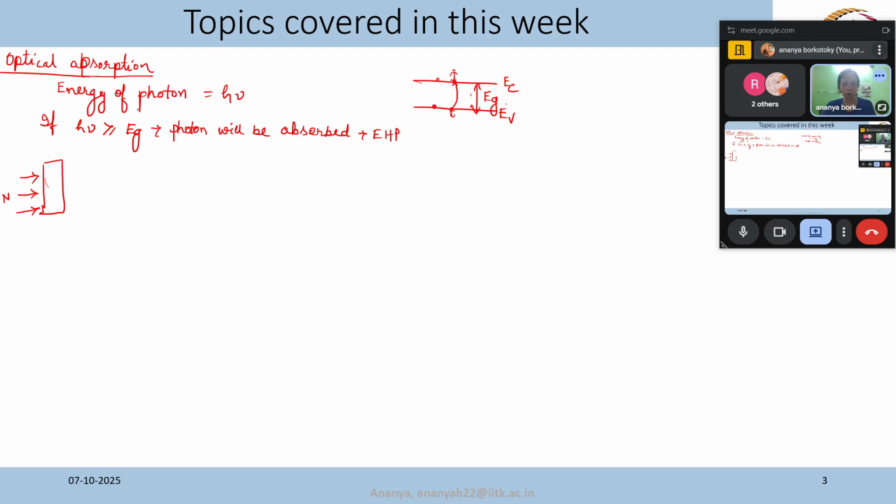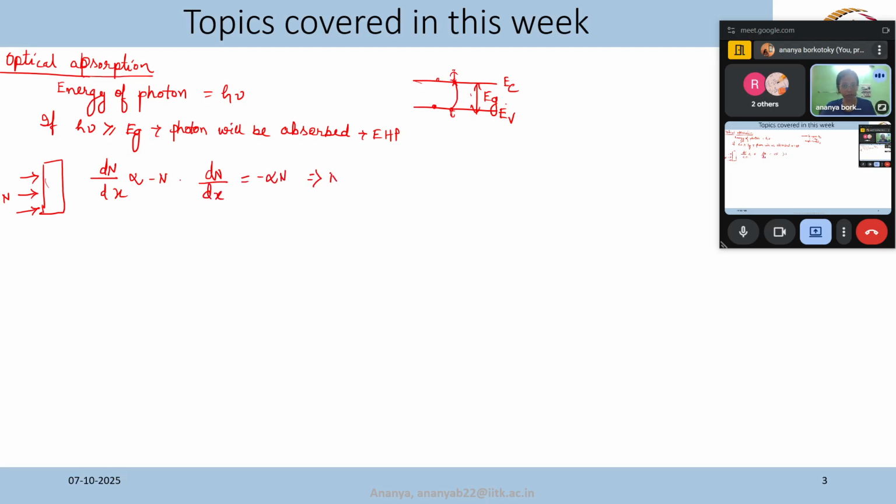Now how it decreases, that rate: dn by dx, if n is the number of photons, is proportional to minus n, because it decreases. When we have this kind of expression, we can have a proportionality constant, that is minus alpha n.